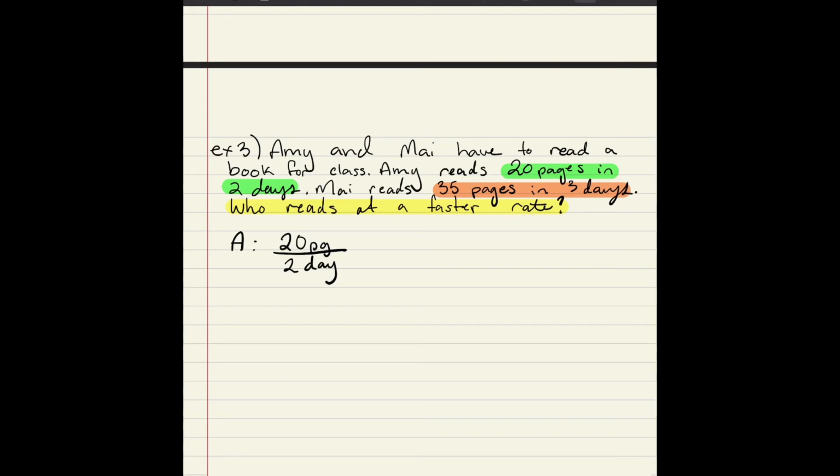We don't want to know how many days it takes to read 1 page. We want to know how many pages she reads in a day. So now for Mai, we'll do M, and it's 35 pages over 3 days.